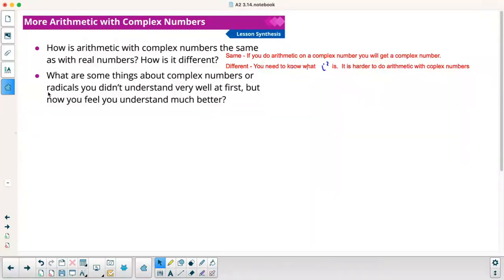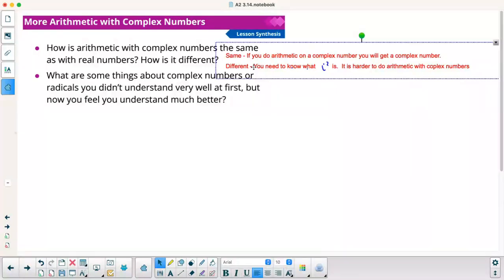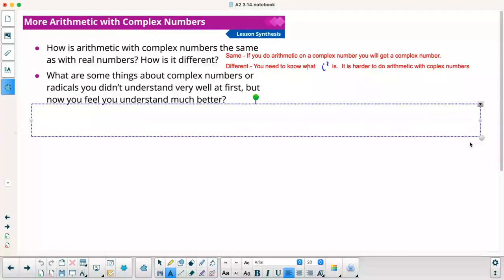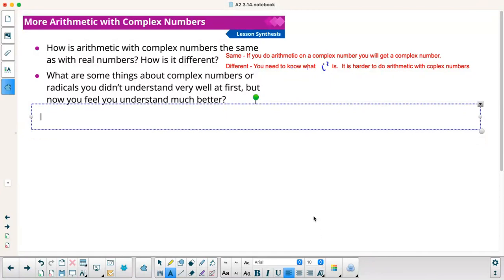What are some things about complex numbers or radicals you didn't understand very well at first, but now you feel you understand much better? Obviously, this answer can vary. I would say powers of i can always be broken down into smaller powers, such as i squared or i to the first or i to the fourth.